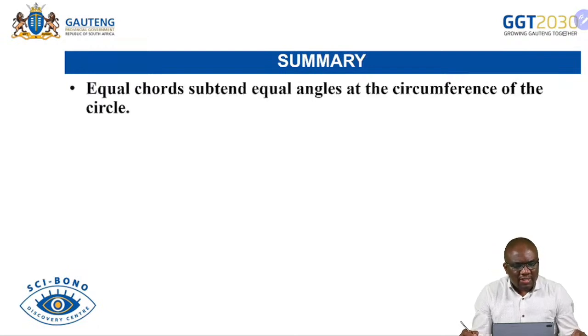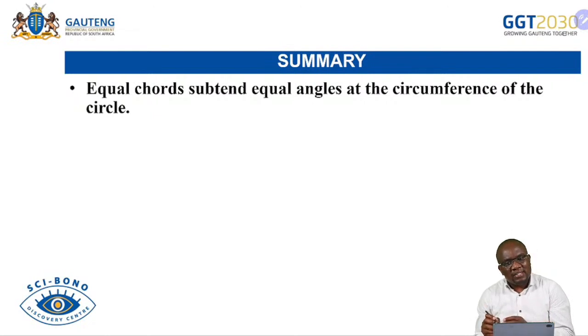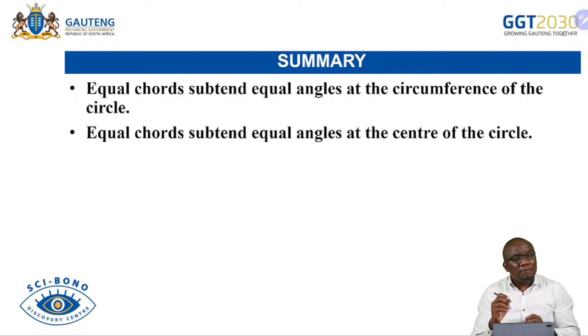Right, we said what? Equal chords subtend equal angles at the circumference of the circle. Do you remember that? Those are corollaries. And then we said equal chords subtend equal angles at the center of the circle.